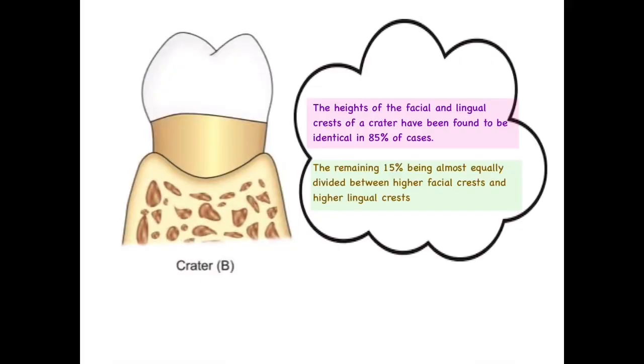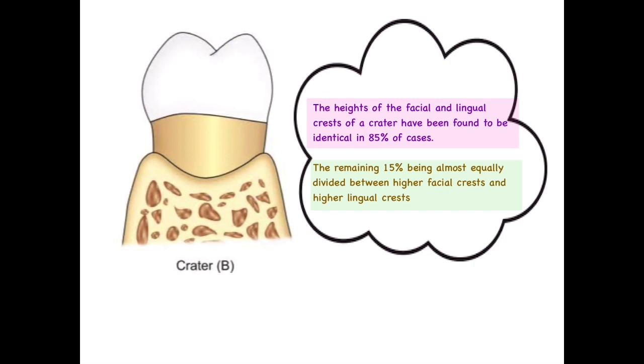Another important point about osseous craters is that the height of the facial and the lingual crest of the crater is identical in about 85% of the cases. That means the hollowing or saucerization along the facial and lingual crest, the amount of bone loss, is somewhat equal in about 85% of the cases.